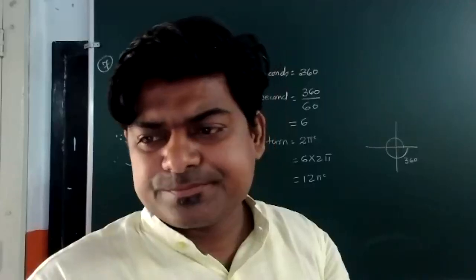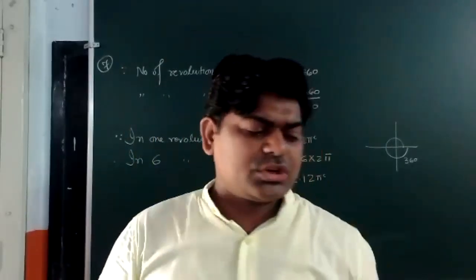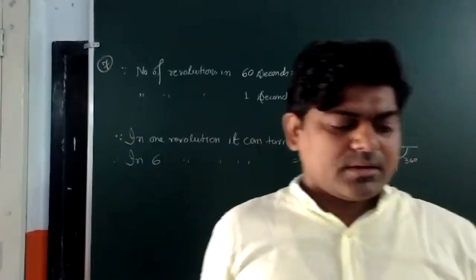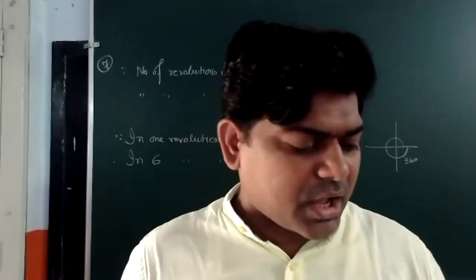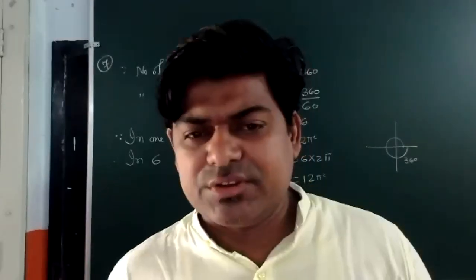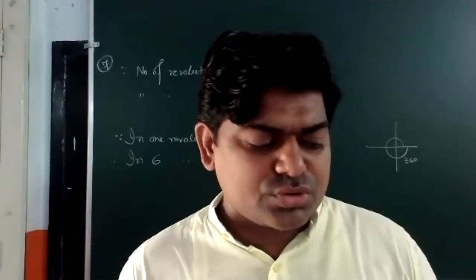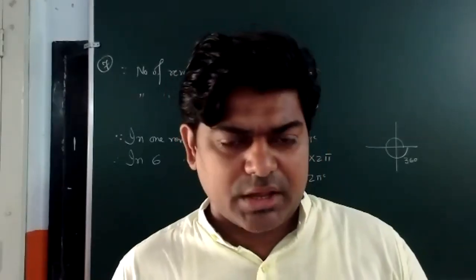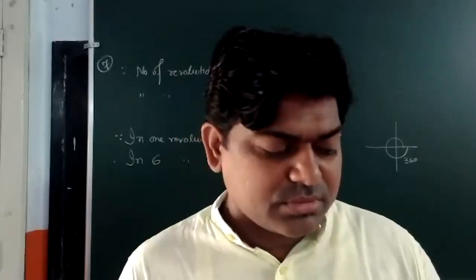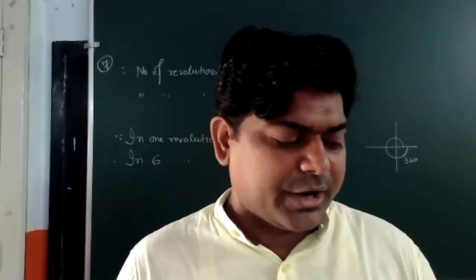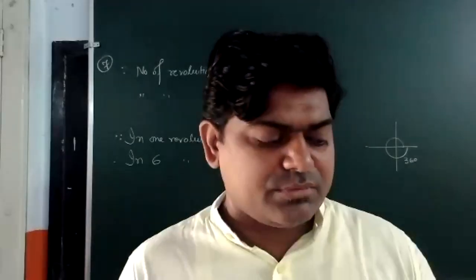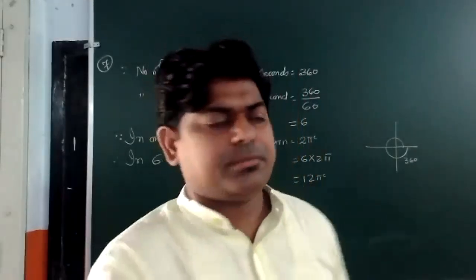Any problem is there? Now question number 8, you can see. Question number 8, 9, and 10 are almost the same question. In question number 8 we have to find the angle, in question number 9 we have to find the radius, and in question number 10 we have to find the arc length. Listen to me.